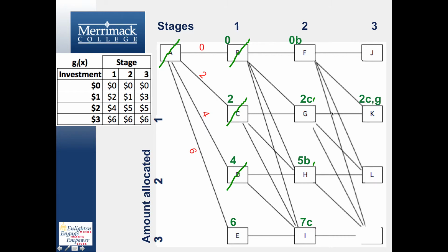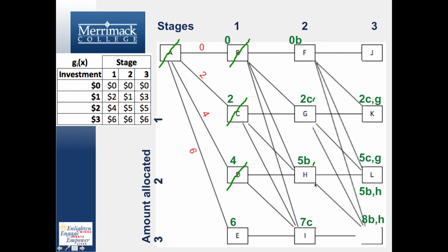So if I come from G, I'll add 2 plus 0 is 2, because I didn't invest anything, no return. From G, with investing 1 in 3, I get an extra 3. 3 plus 2 is 5. If I come from H, no investment in 3, so I get a 5 plus 0.